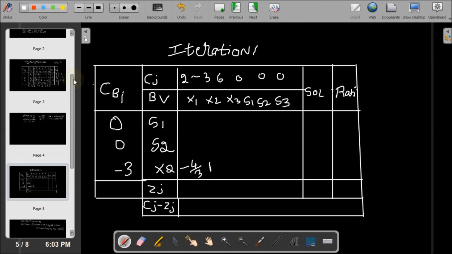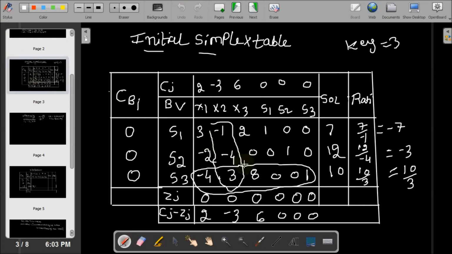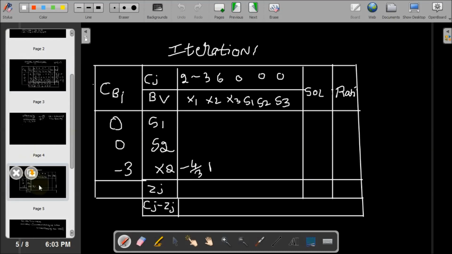In the same way, the next values are 8 by 3, 8 by 3, 0 by 3 which is 0, 0 by 3 which is 0, and the last value is 1 by 3.